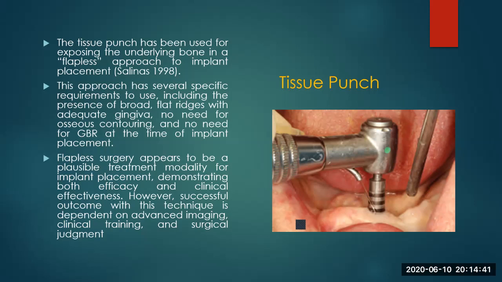This type of incision is called a punch flap or punch incision. It's like a punch biopsy, in which there is a soft tissue punch that cuts through the soft tissue, but not through the bone. And this will expose only the site of the bone in which the implant will be inserted.